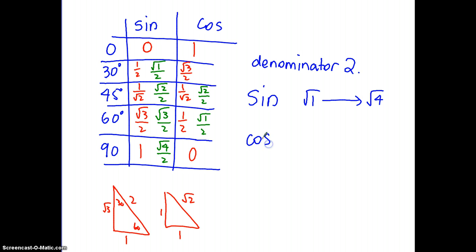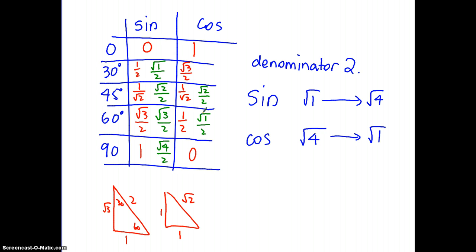Now have a look at the cosine. We're reversing, aren't we? 1, root 3, root 2, root 1. There we go. So the cosine goes the alternative way, root 4 down to root 1. Once again, most of you will probably just remember the 1, 2, 3, 3, 2, 1, and remember the 0 and 1 from your graphs. But that's another really cool way of knowing your exact values.